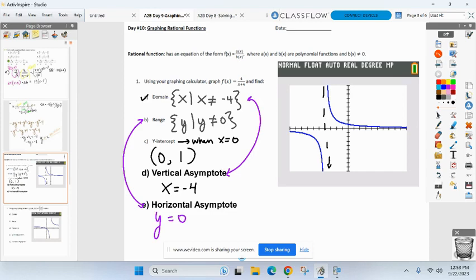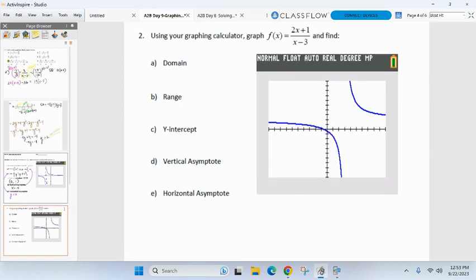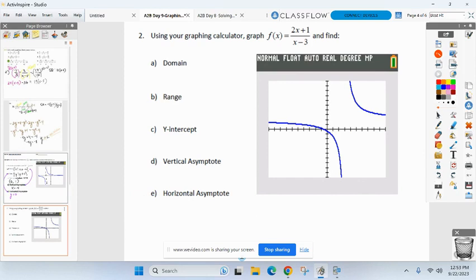One more time before I take away your calculators. Clear out y1 and let's graph this. Make sure y1's cleared out. I don't want both graphed at the same time.